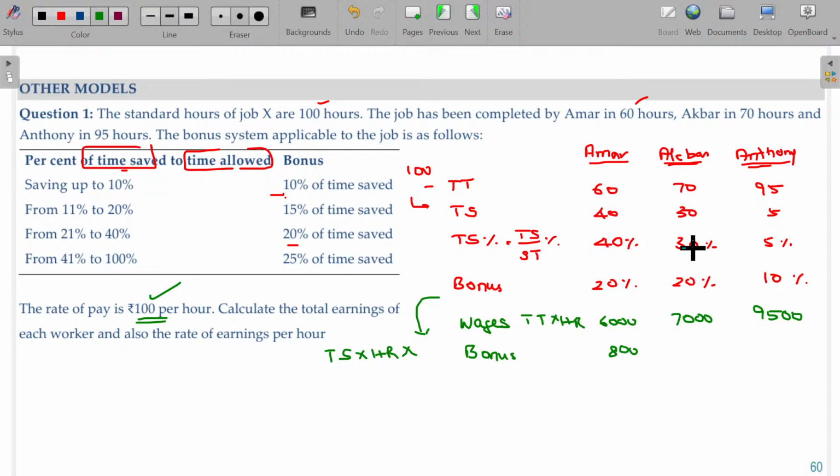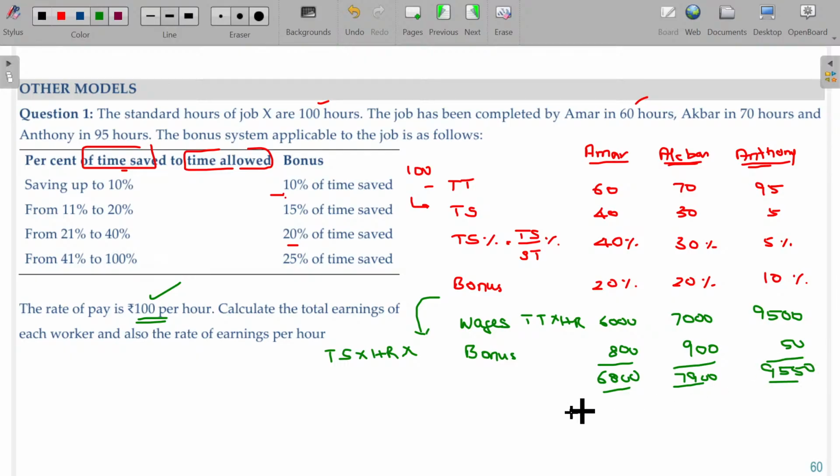For Akbar, time saved 30 into hourly rate 100, 3,000 into 30%, 900. Anthony's case, 500 into 5%, so 500 into 10%, 50. So the total payment being 6,800, 7,900, 9,550.